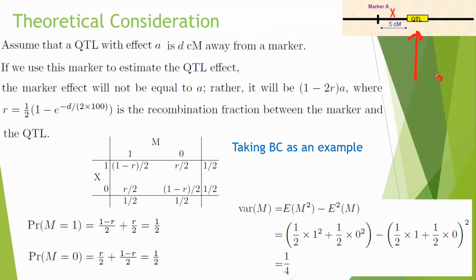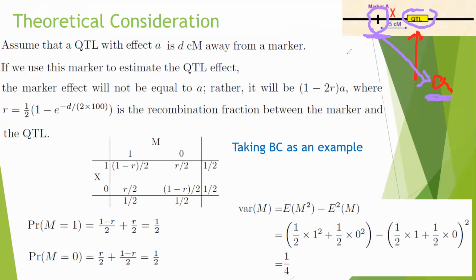Suppose this QTL has an additive effect equal to A. However, because we do not see the genotype for this QTL, we can leverage the genotype information for the marker to estimate this A. If we just use the marker information to estimate this A, we no longer estimate the real A. What you can estimate by using the marker genotype information is different from the real additive effect of this QTL.